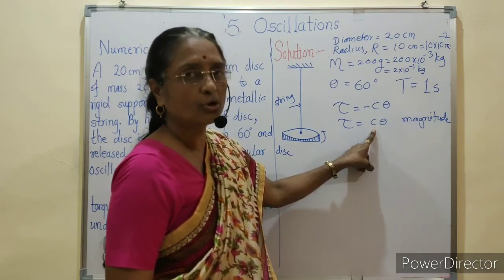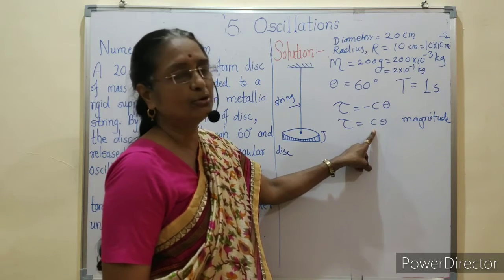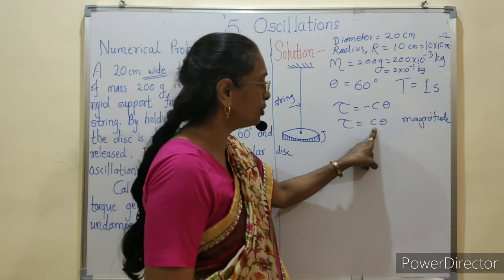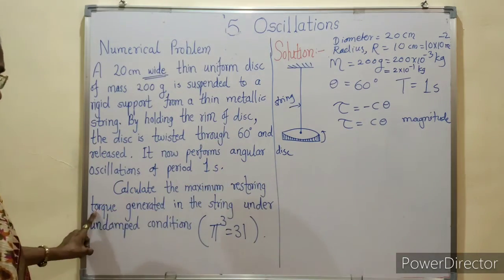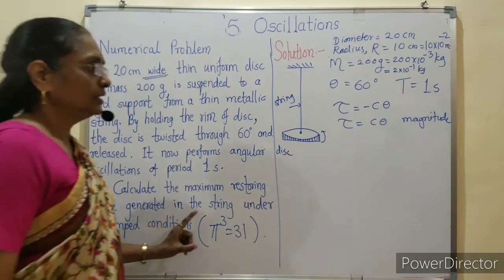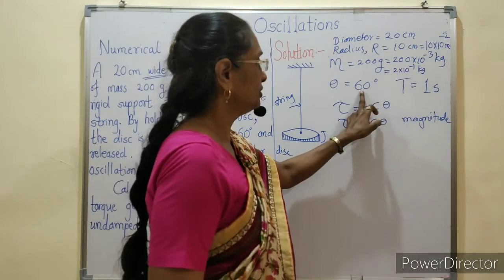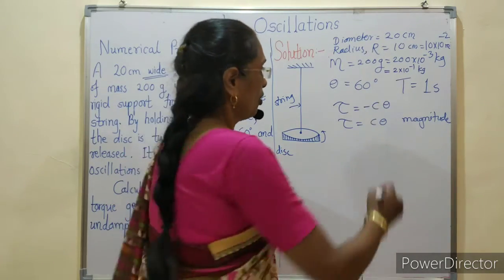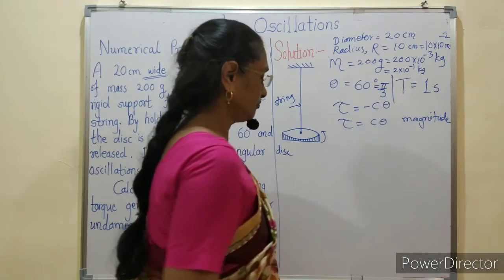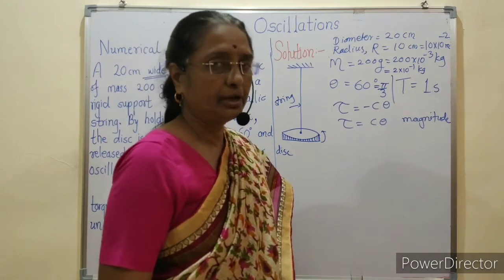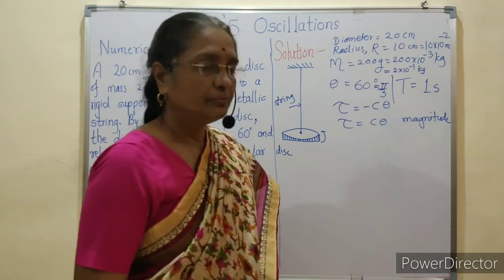C means restoring torque per unit angular displacement. If we know c, then we can calculate the maximum restoring torque, because theta is known: 60 degrees or pi by 3 radian. So we calculate for c.